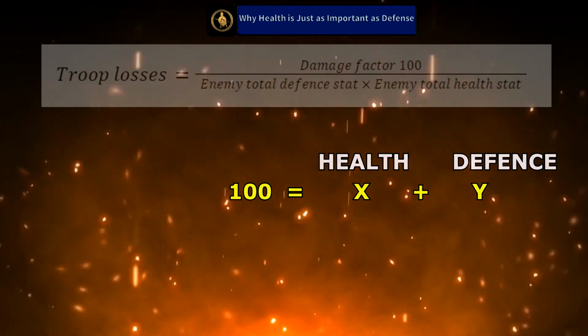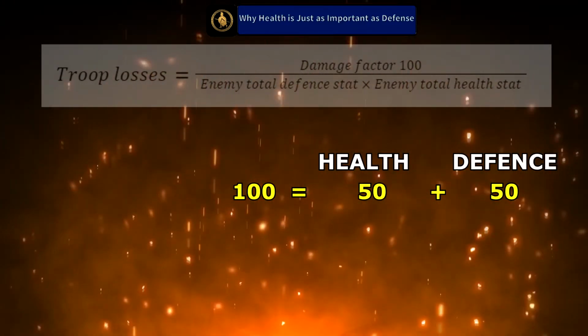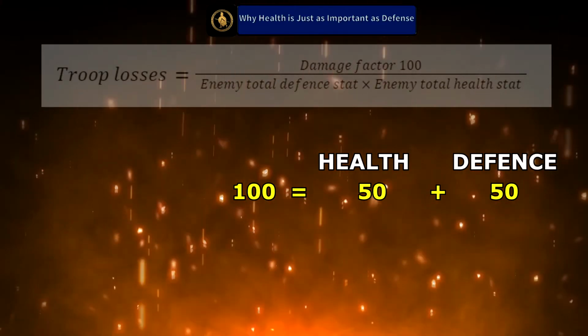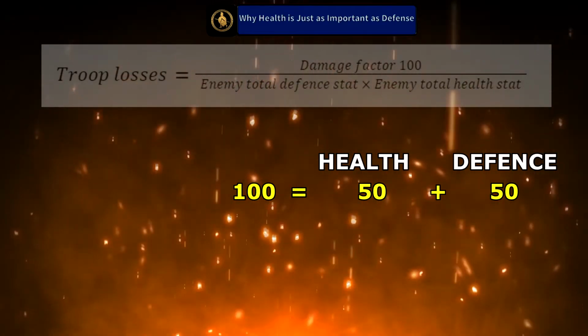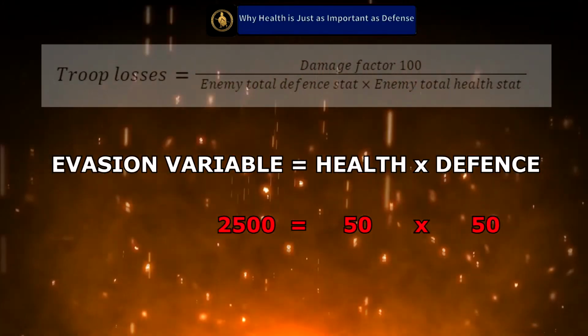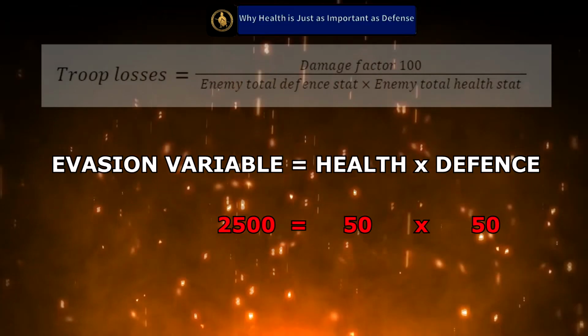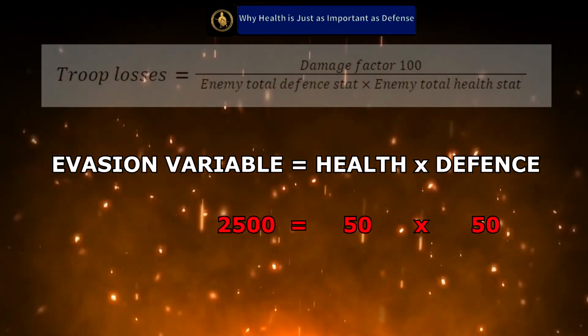So let's say health is 50 and defense is 50. So in total they equal 100. But let's multiply these. So 50 multiplied by 50 equals 2,500. So 2,500 is what we will call the evasion variable.